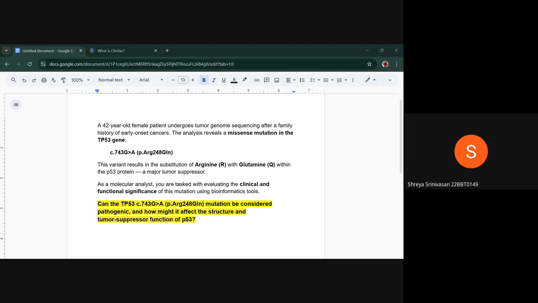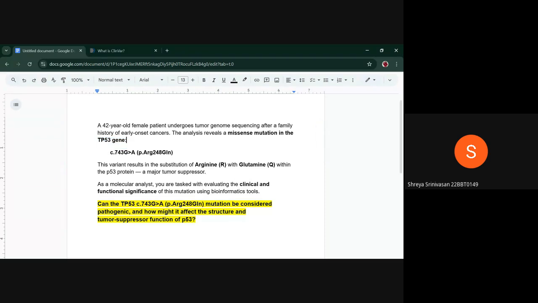Usually, we go for genome sequencing when we want to do mutation studies, etc. Okay, so now here they're saying this person has a tumor and they are doing genome sequencing, and this person is from a family with a history of early onset cancers. Now they have identified a particular mutation in the TP53 gene.